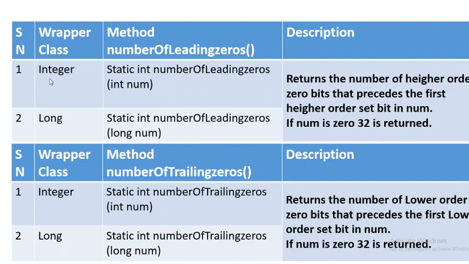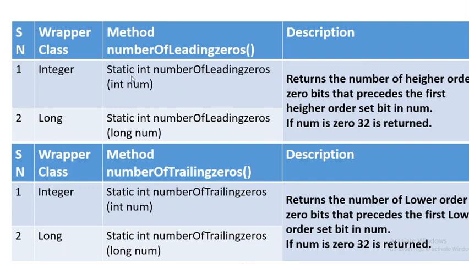If you are using this Integer class, how will you call this method? As it is static, you will use the class name, Integer.numberOfLeadingZeros, and in brackets you will pass any integer number. This integer number will get converted into a 32-bit binary number, because the size of an integer is 32.